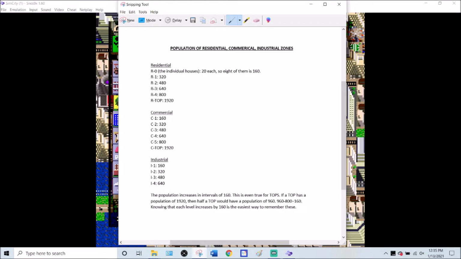So even when we go to the R top, the same rules apply. In an R top's case, each half of the zone has 160 added to it. And then those two zones are combined together into one population, and that's how you get the population of an R top.